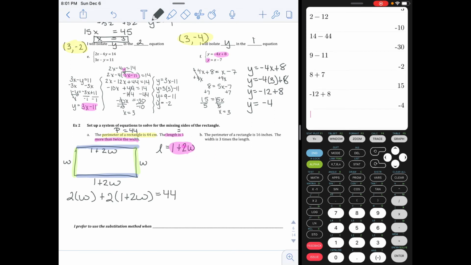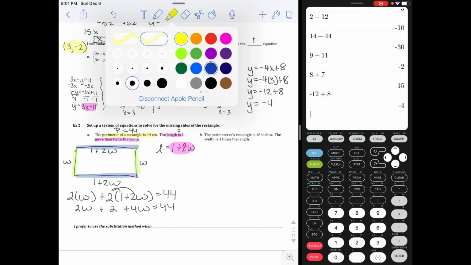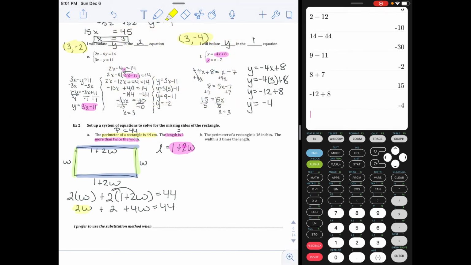So let's just clean this up. 2 times W, 2W, 2 times 1, 2, 2 times 2W, 4W equals 44. Clean it up a little bit more like the previous problems. Let's combine some like terms. So we get 6W plus 2 equals 44.